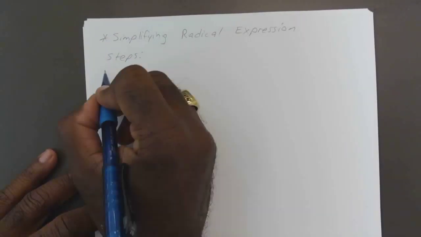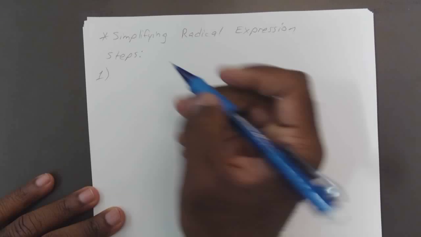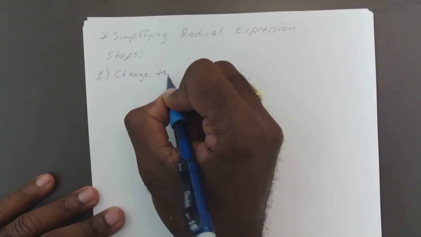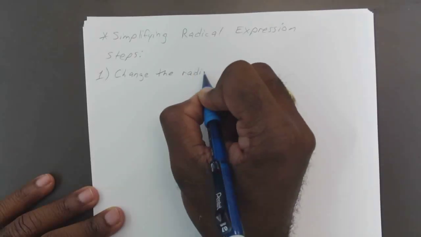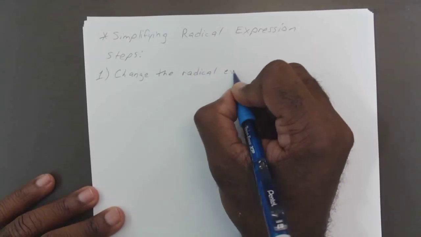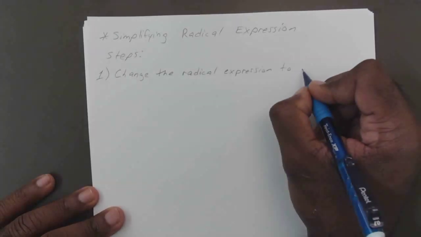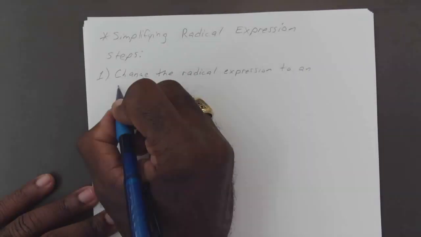Okay, so the steps that would make this easiest are, the first thing you're going to do is change the radical expression to an exponential one.